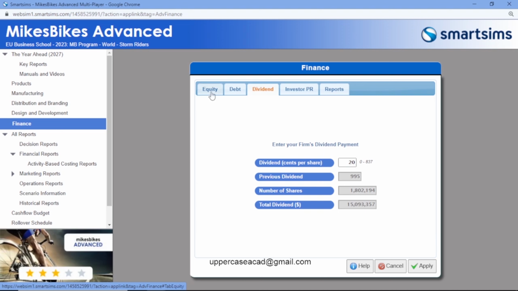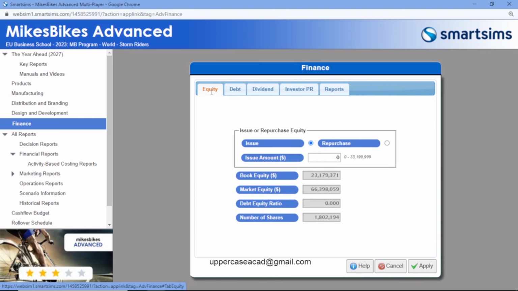In today's video, for you to purchase the standard capacity units, normally referred to as SCUs, or to increase your capacity for your MikesBikes company, you must have enough funds. You can therefore raise capital through various means. If you need funds, you can come here.